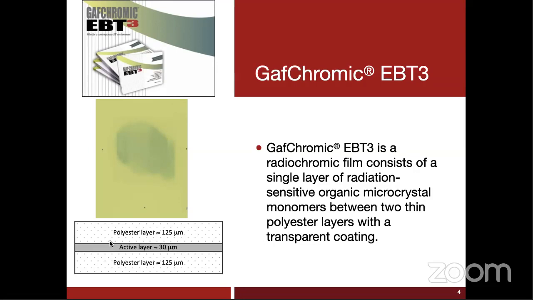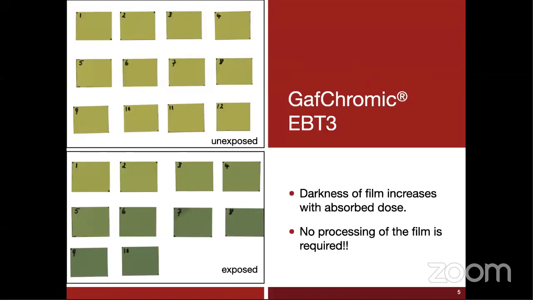EBT2 I think had 2 layers, and that caused a bit of problems in terms of resolution when you want to scan the dose. And EBT1 actually had 1 layer, it wasn't centered. But this is EBT3. I'm not sure if there is actually a new breed of GafChromic films that is out. Probably there is.